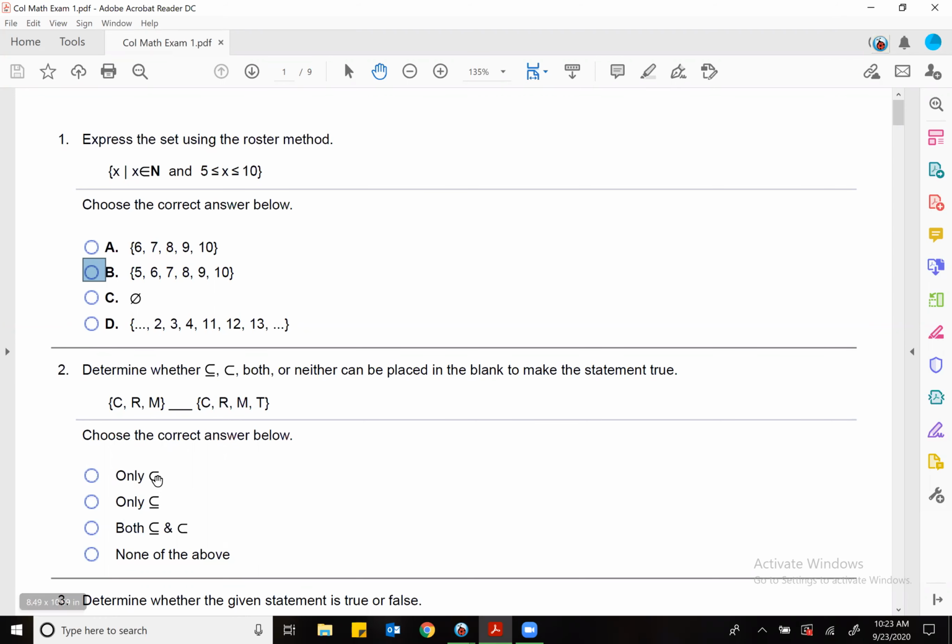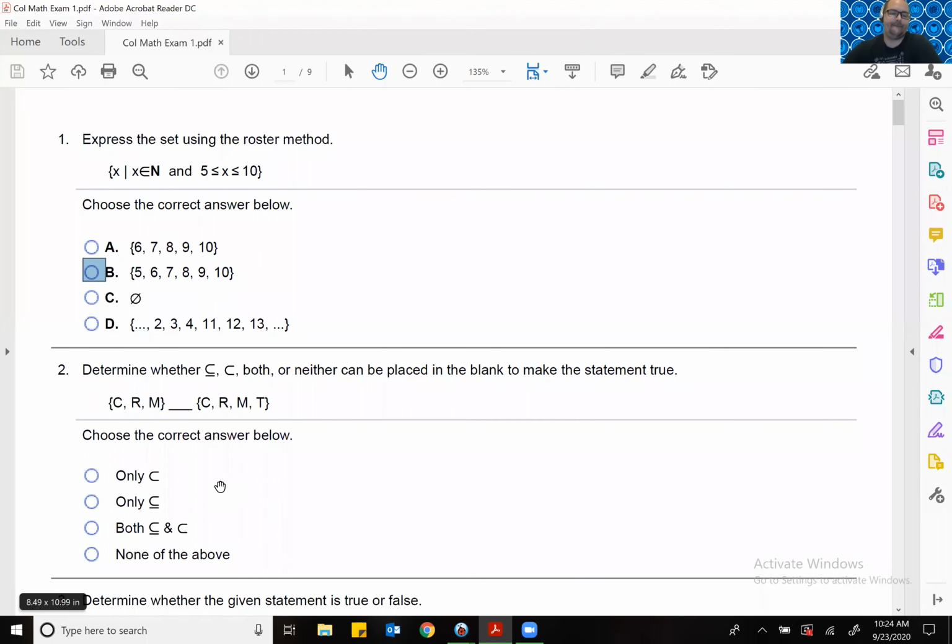Yes. Okay. So now the question is, the set CRM, is it a subset? Is it both? Or is it none of the above according to the set CRMT? I'd say the subset. Okay. Why do you say a subset?